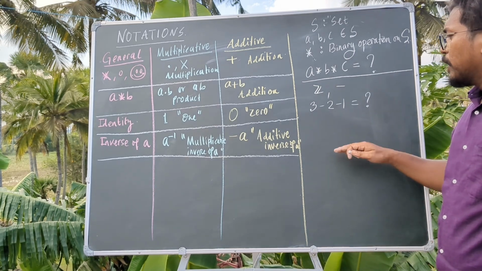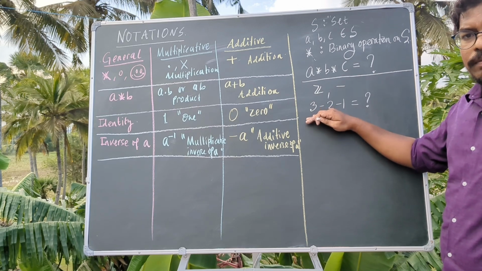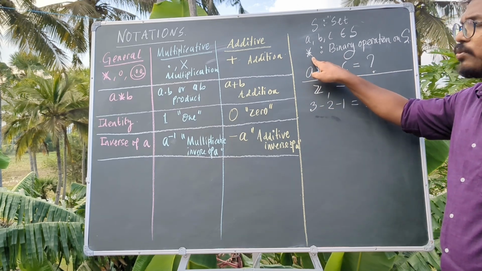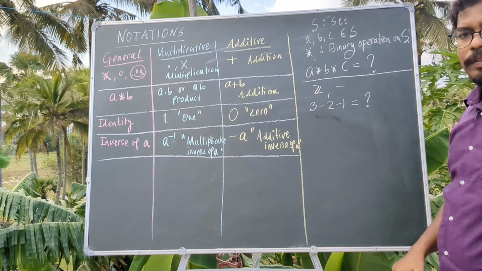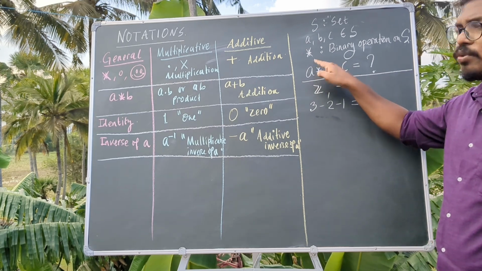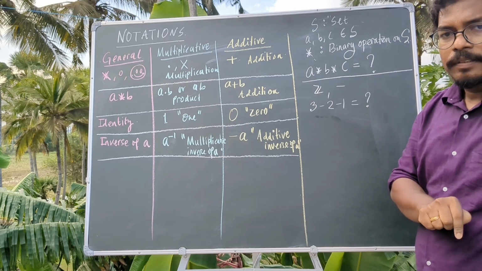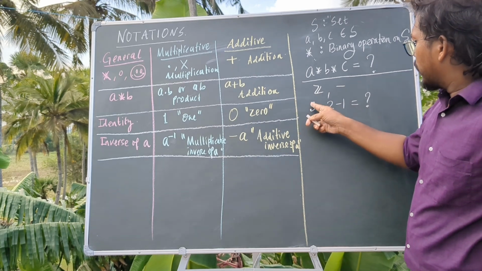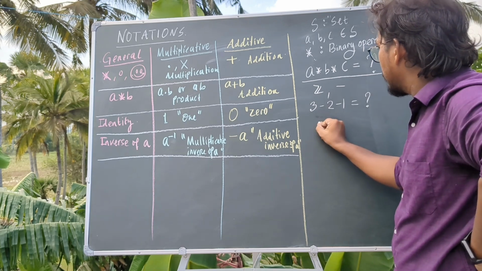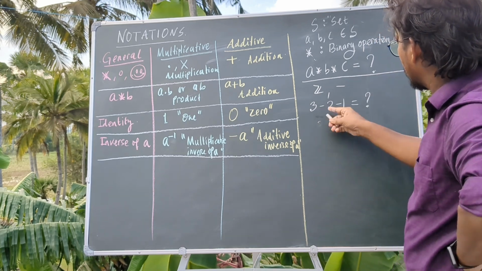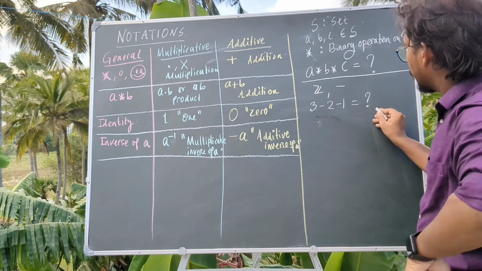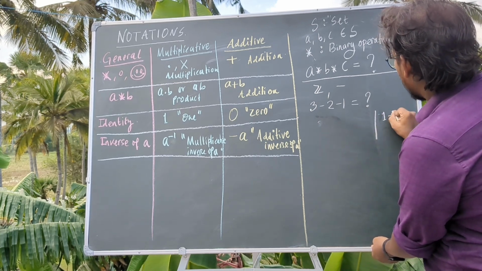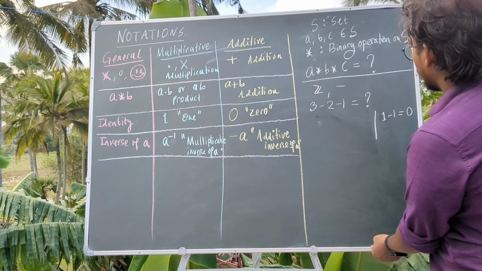See, this is not well defined first, because the operation we have is a binary operation, and a binary operation knows how to operate 2 things. Suppose someone operates 3 and 2 first, he will get 3 minus 2, that is 1, and minus 1, he will get 0.